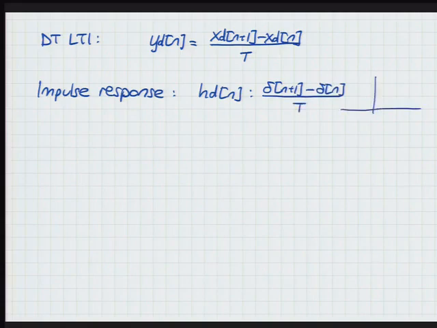So at n equal to 0, I have negative 1 over T. At n equal to 1, I have positive 1 over T. Otherwise, I have 0. So that's my impulse response. It's a very short-lived impulse response because we only took 2 sample points to do the numerical differentiation.